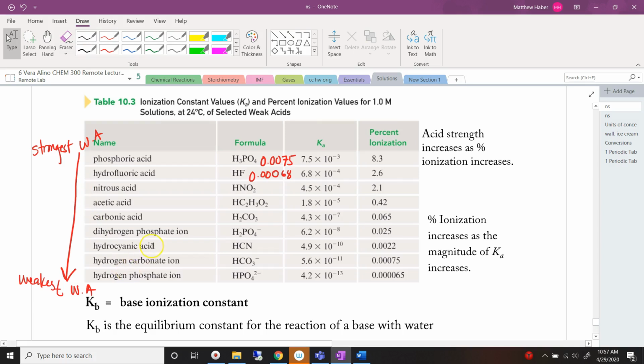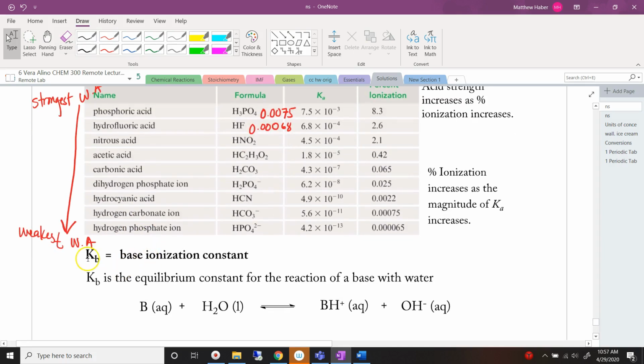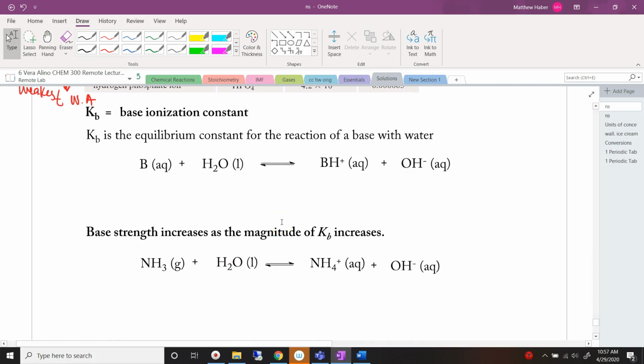Okay, so counter to the acid ionization constant, the Ka value, we also have a number for the base. And the same thing holds true. The bigger the number, the stronger the base. Okay, so if I'm going to ask you, given this hypothetical equation, write the Kb expression for this base dissociation equation. Okay, so again, it's always products and their concentration divided by the reactants, and disregard the liquid and solid species in the equation.